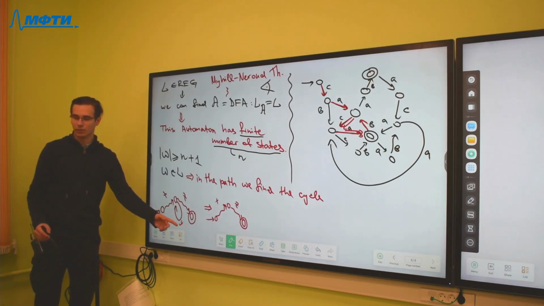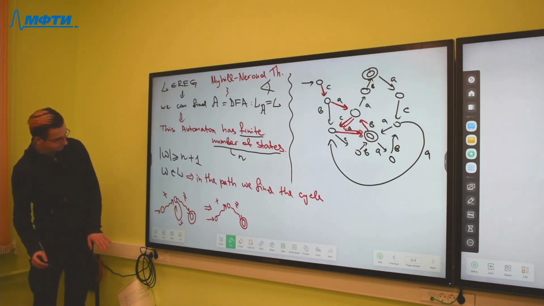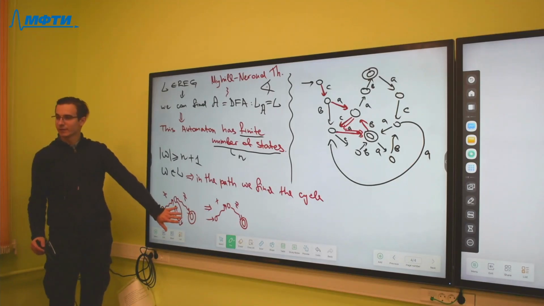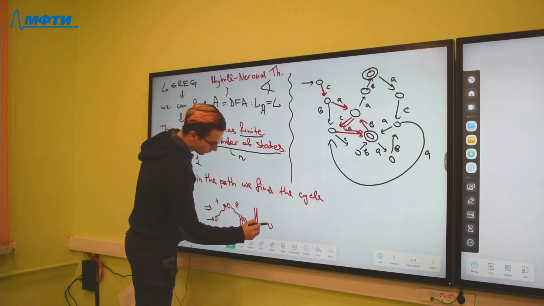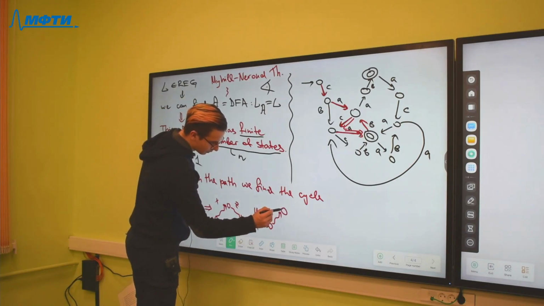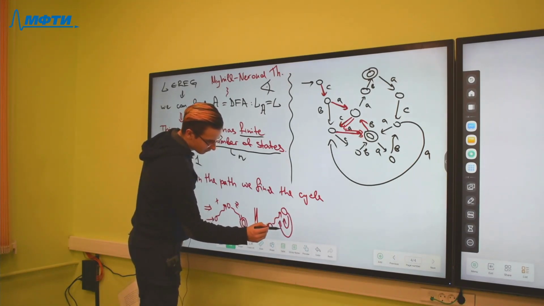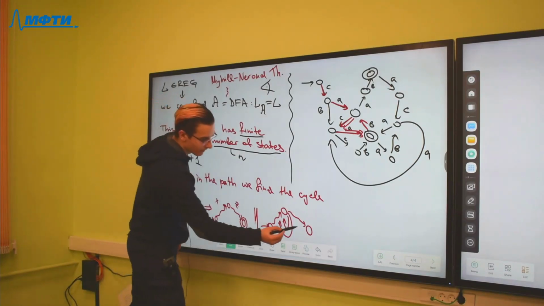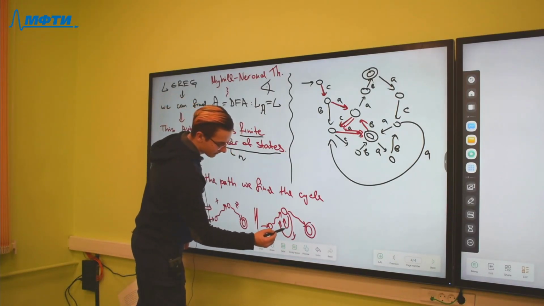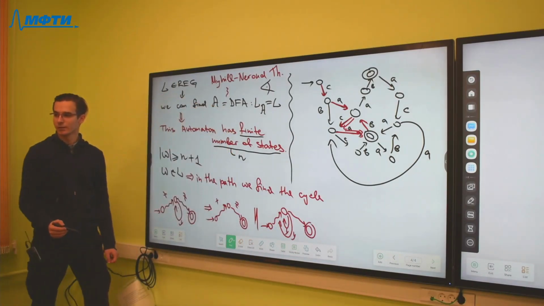Yeah, we can erase this part of the path, or we can repeat this cycle, y and y.